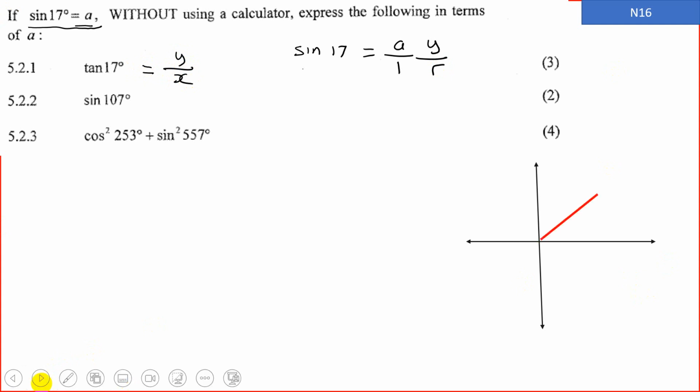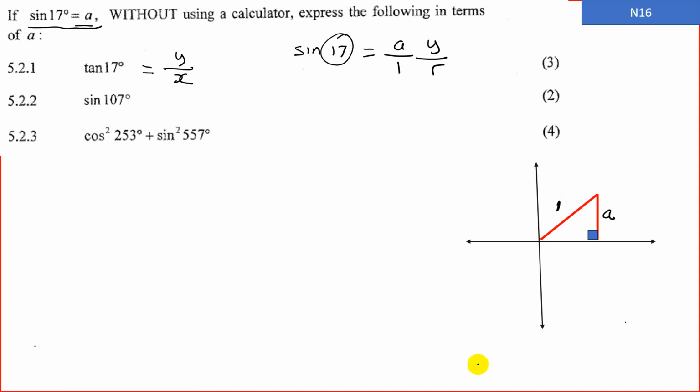We're going to draw a triangle in the first quadrant, as we have an angle of 17, which is in the first quadrant. I'm going to put in the values I worked out: the y value is a and the radius is 1.